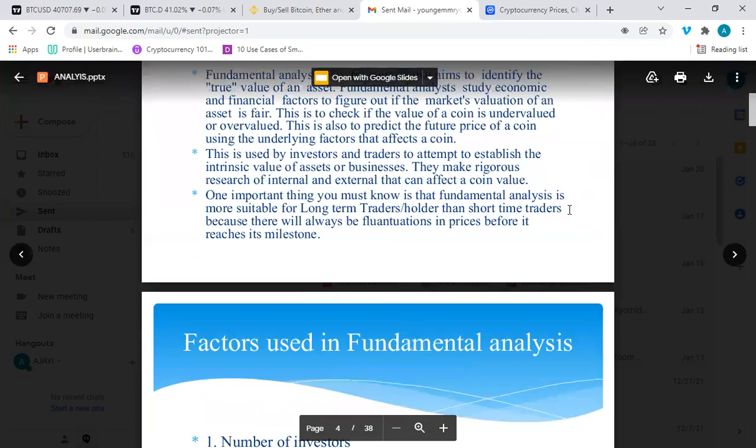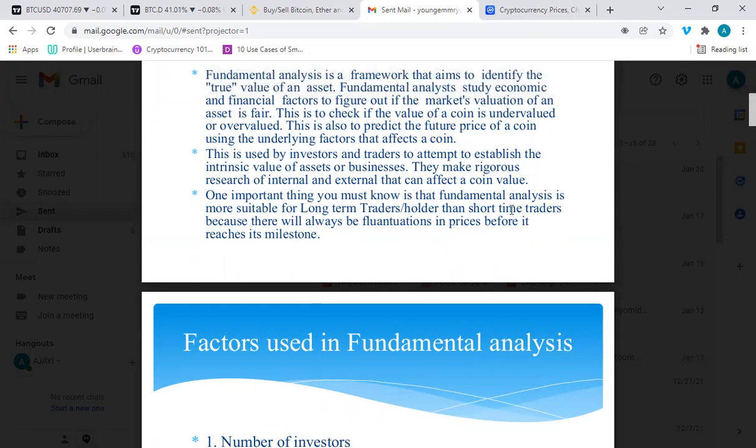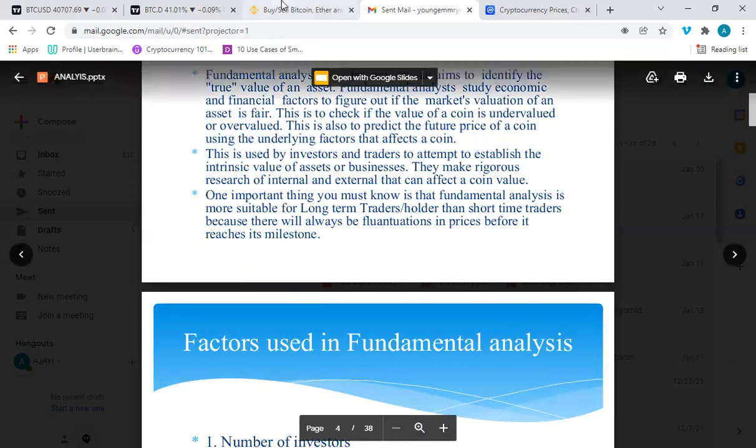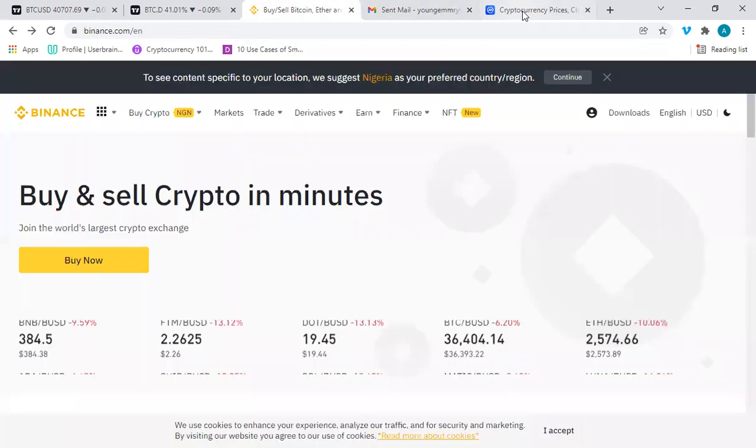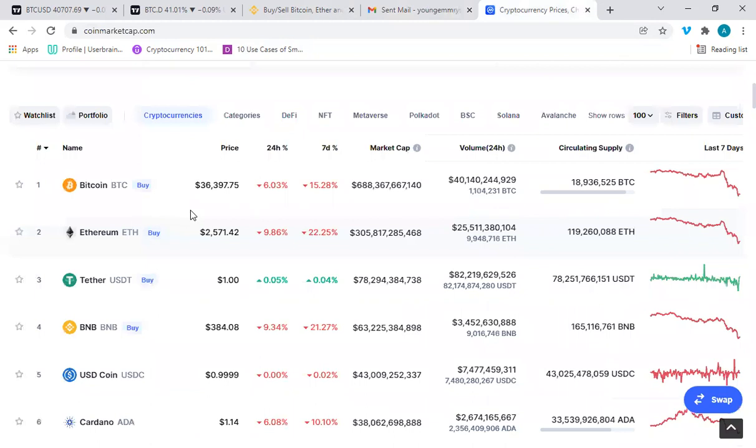I said it's suitable for long-term traders rather than short-term traders because there are always fluctuations in prices before it reaches the milestone. The all-time high, that is the highest price that Bitcoin reached, was 67, I think 67 or 68. Yeah, I think it's 67.